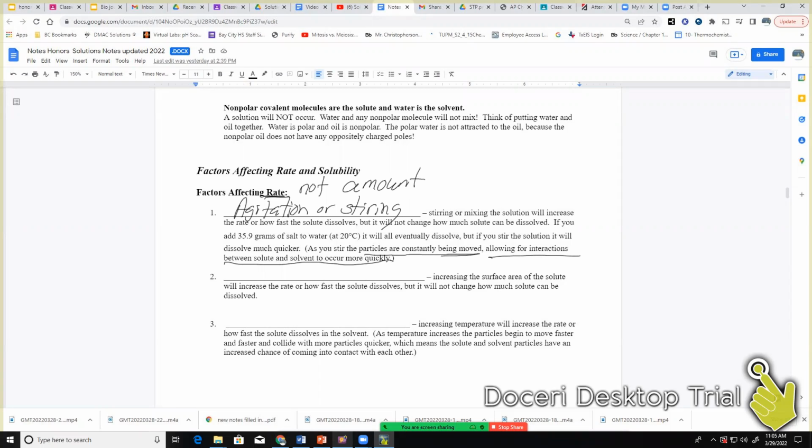If I crush something, or the next one would be crushing, then that increases the surface area of the solute. And once again, that allows the solute and solvent to come into contact with each other more, and increases the rate they will dissolve. And then the last one is increasing the temperature.